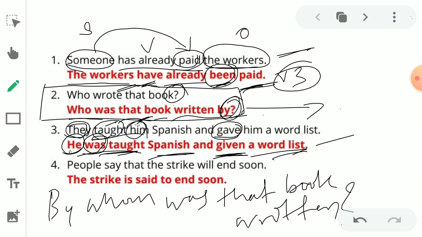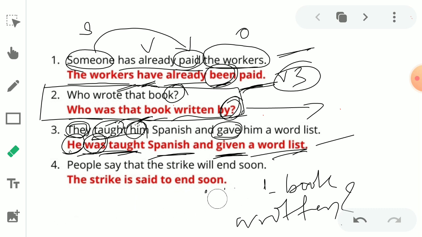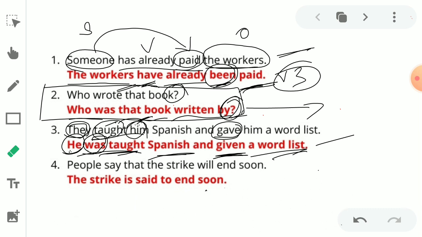People say that the strike will end soon. Here one thing we have to change: people say that the strike will end soon. The strike is said to end soon.